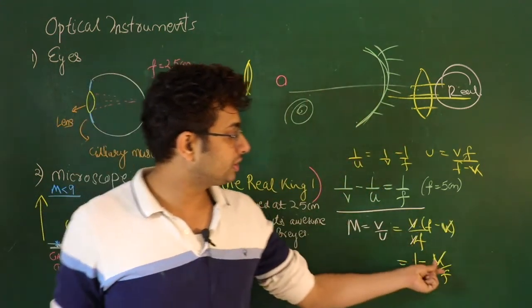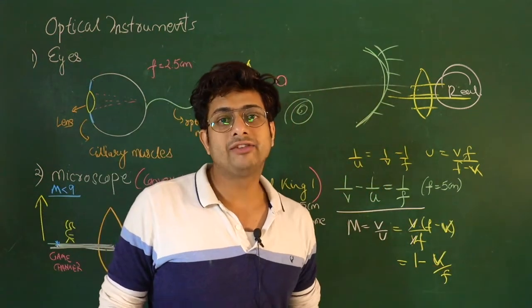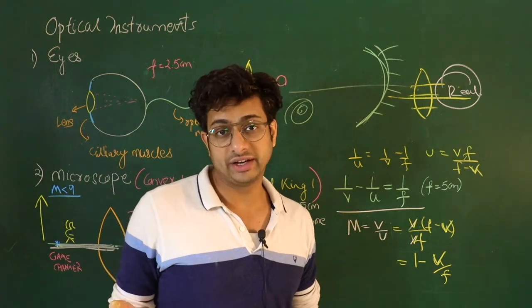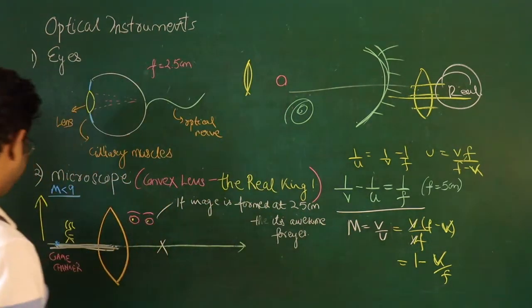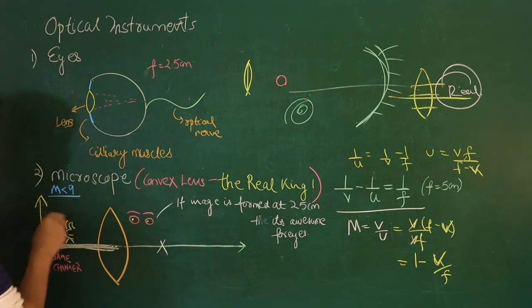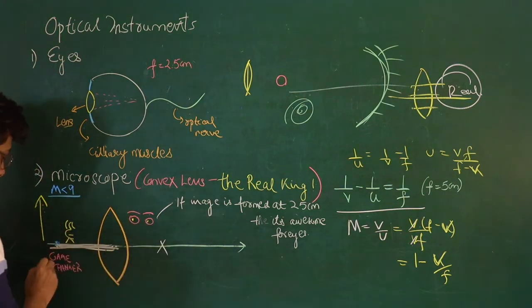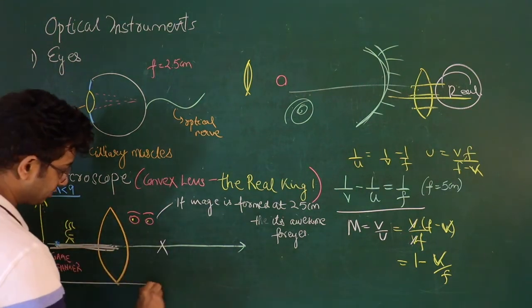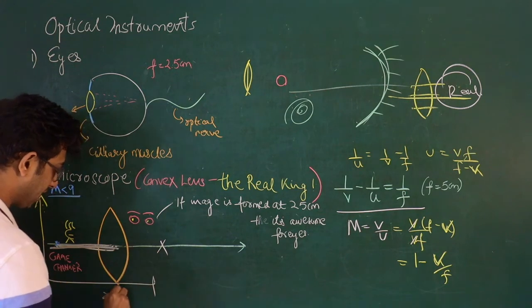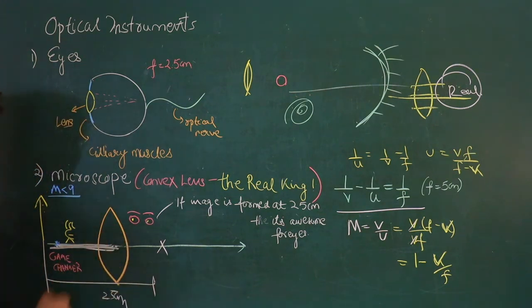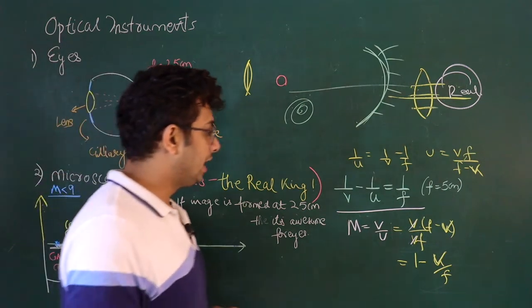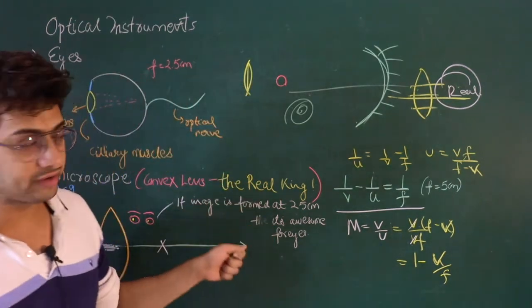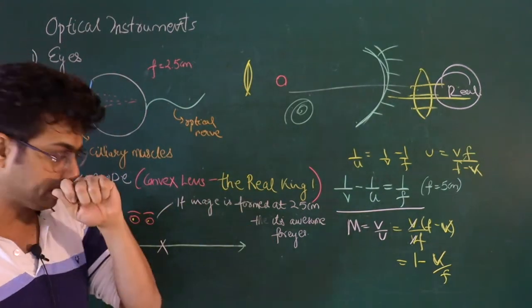Now I told you that the distance V, I want it to be at 25 centimeters, and since the image is formed here itself in this microscope case, I would want the image to be at a distance of 25 centimeters from my eyes, and I'm assuming my eyes are very close to the pole. In a lot of calculations that we do in microscope, we will do this kind of approximation.